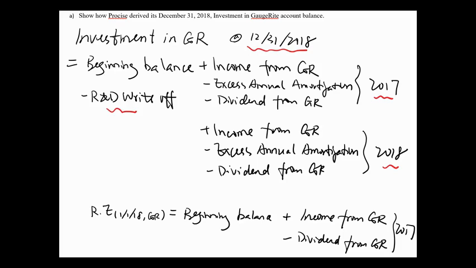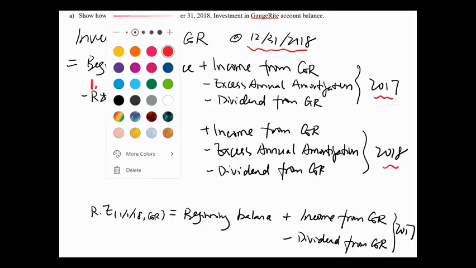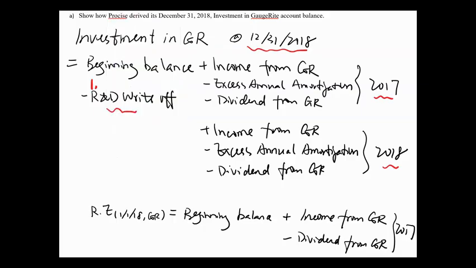If we look at this formula, let's see what information we know. We know the beginning balance. The beginning balance is the fair value they acquired on the acquisition date, which equals $1,980,000. So this is the beginning balance of the investment account.